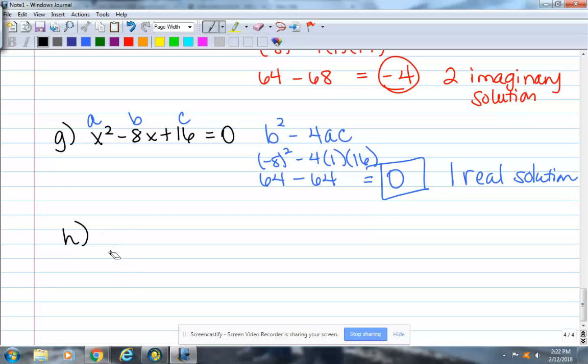I want y'all to do one. I'm going to give y'all a bonus one. Y'all find me the discriminant on your paper.